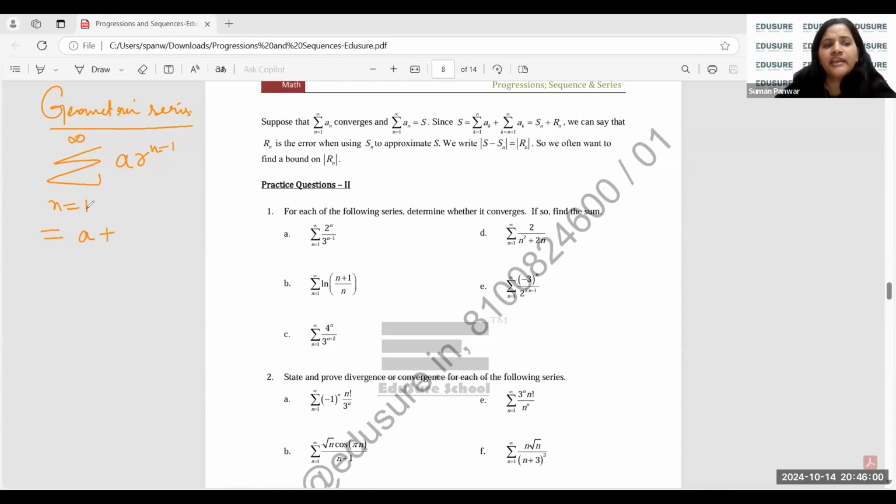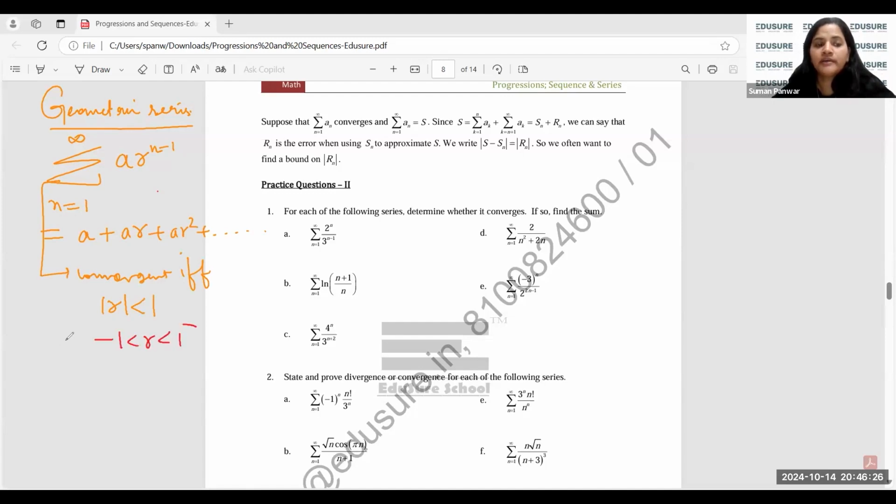When n is 1, you get a, then when n is 2, you get a r square, and so on. Now a geometric series is convergent if and only if the absolute value of r is less than 1. We have also done this result. So a geometric series is convergent if and only if the common ratio lies between -1 and 1.